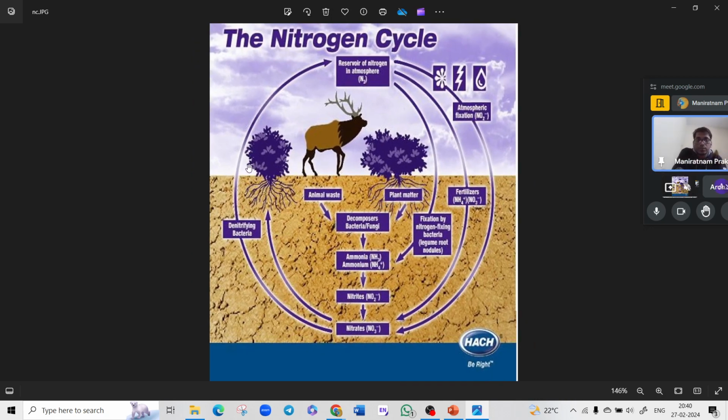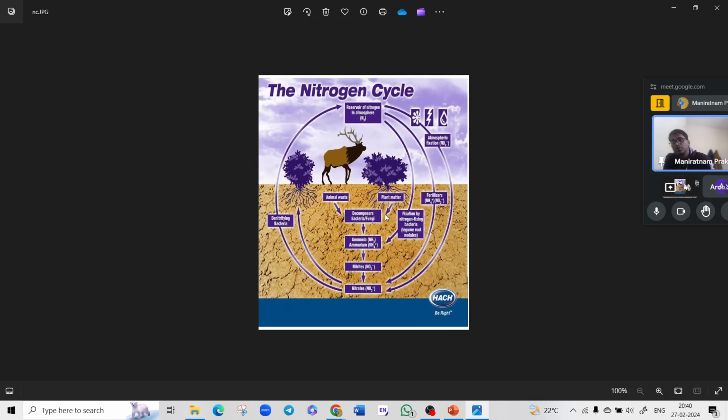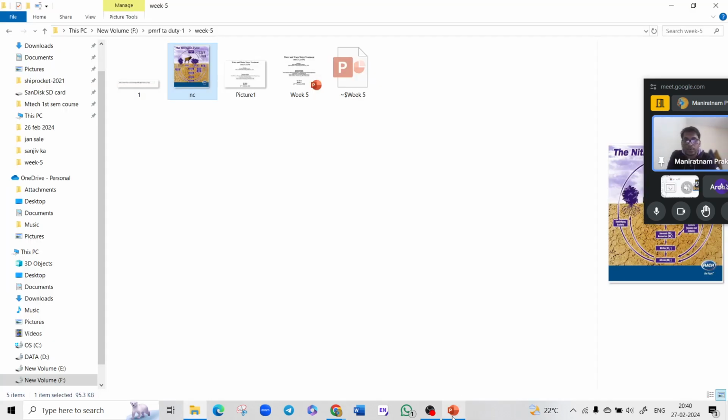Here ammonia is converted to nitrite, then nitrate, and then by denitrifying bacteria it is converted into nitrogen gas. This process is known as denitrification, and this concept is also used in wastewater. It helps in the removal of nutrients, and the majority of nutrients are in the form of nitrogen.